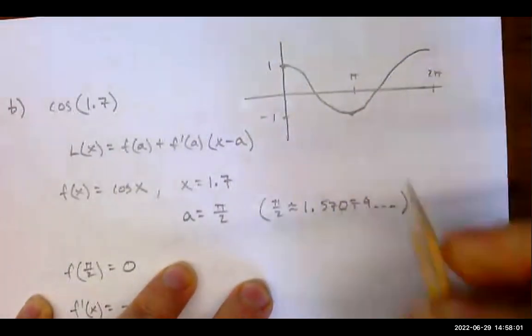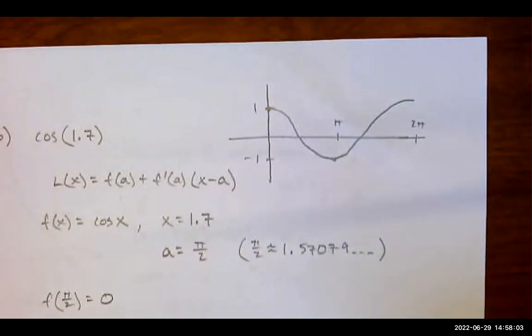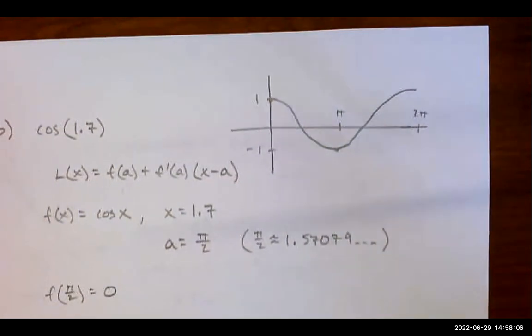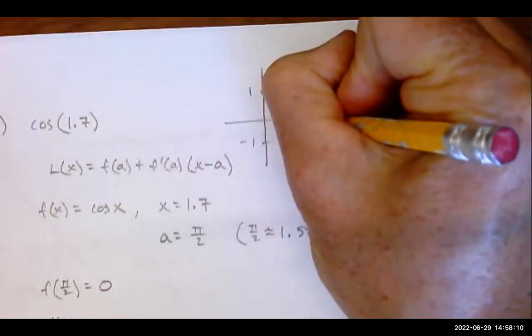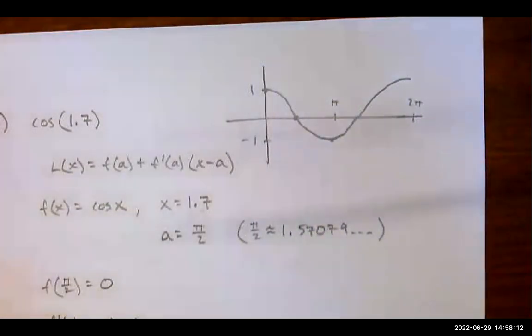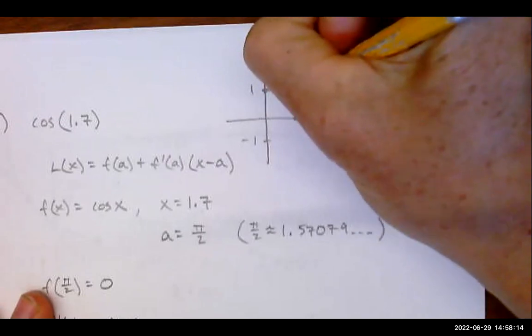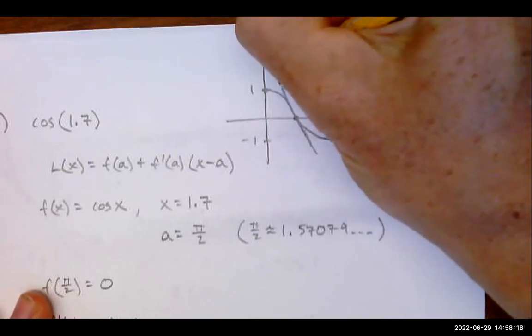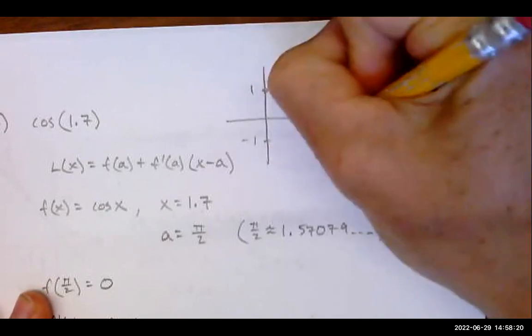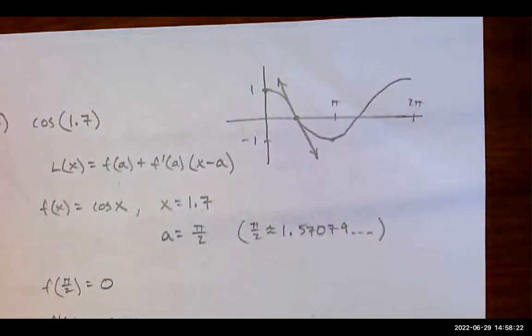Okay, we get it, something like that. So where did we draw our tangent line? At pi over 2, we drew our tangent line right here. We think about that tangent line, and again, not the best, but okay, we get it. Something like that.